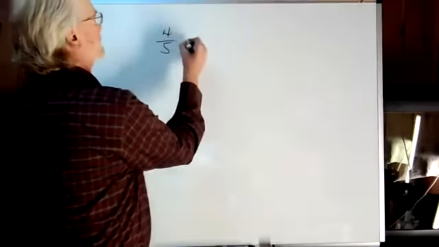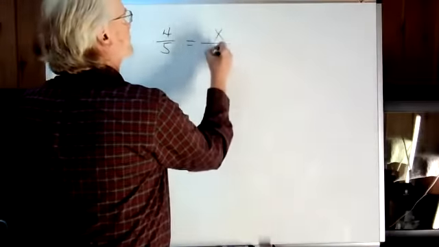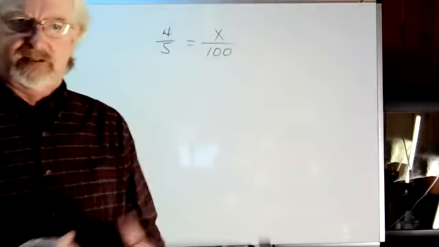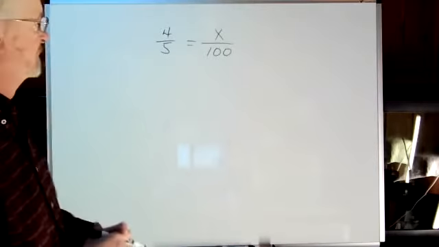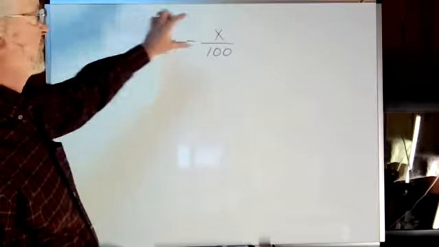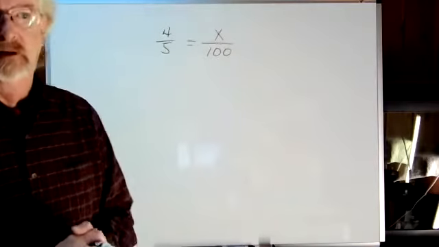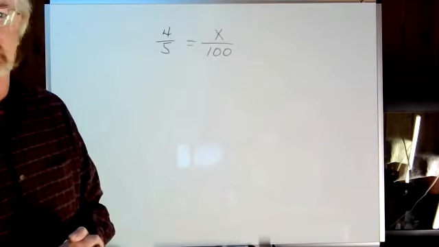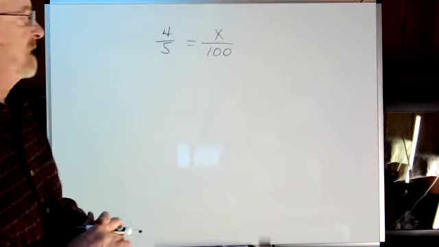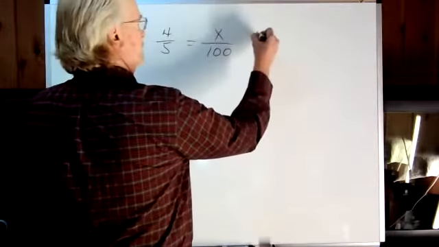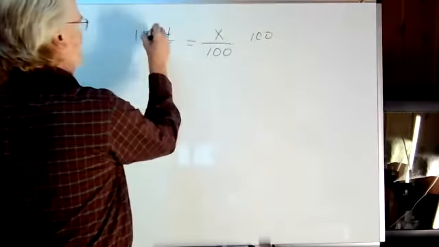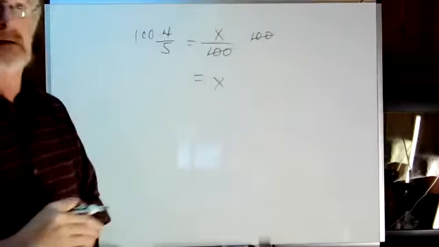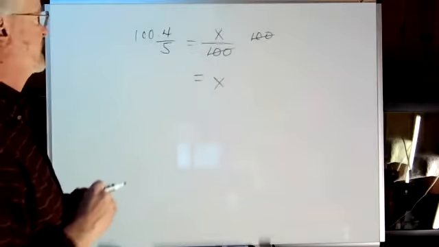Well, we're asking ourselves, how many parts out of 100 is 4/5? Basically coming up with an equivalent fraction. How could I turn 4/5 into something over 100? And if you think about it a little bit, we could do our solving techniques here. I could multiply both sides by 100 to figure out what our value is.